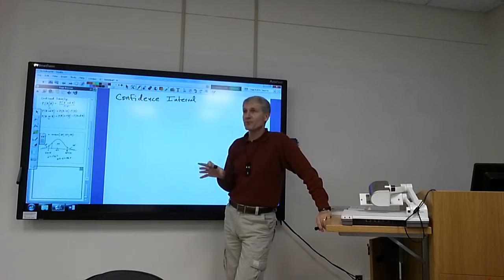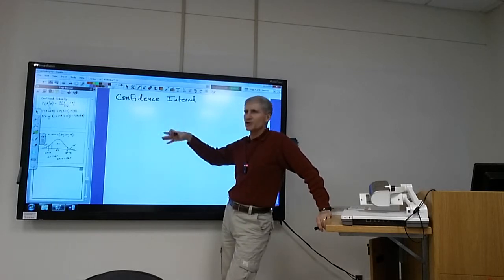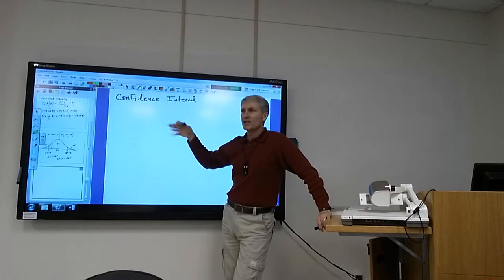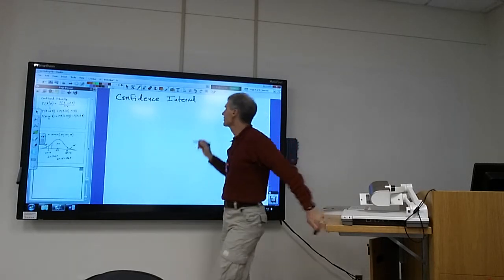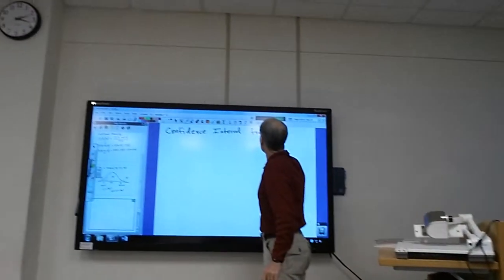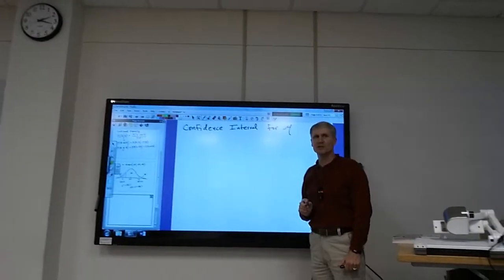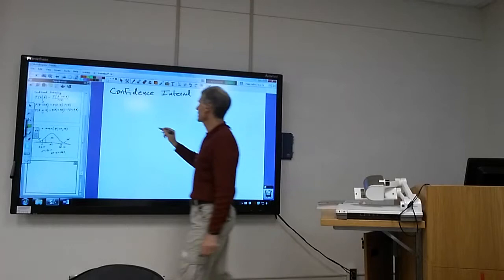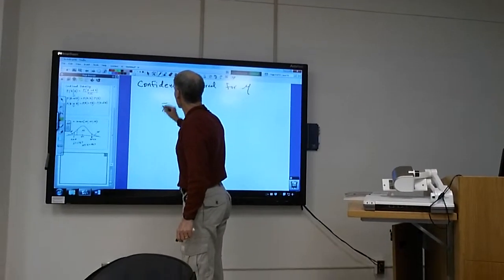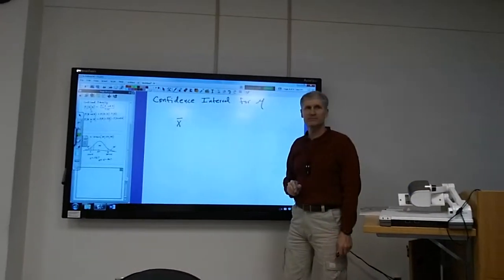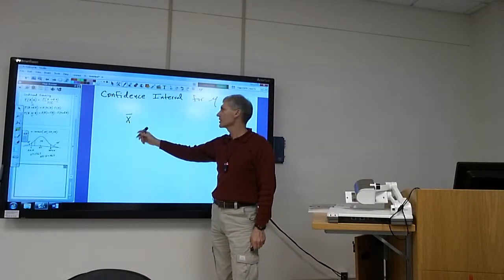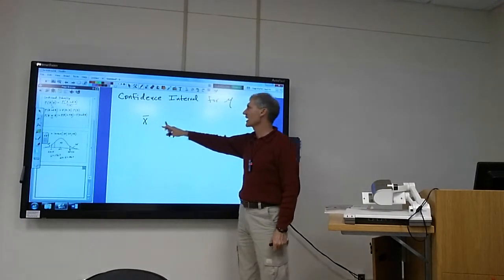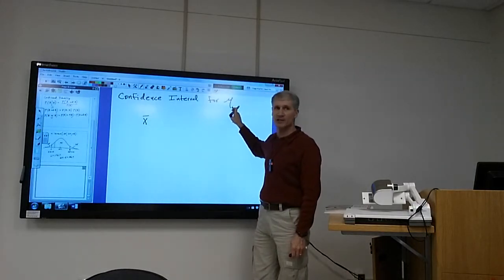So you've taken some sample data, and if you can do means, you can do proportions, you can do any parameter. But if we talk about means, a confidence interval for mu, which is a population parameter, is going to be a sample estimate of mu. So x bar is the sample mean.